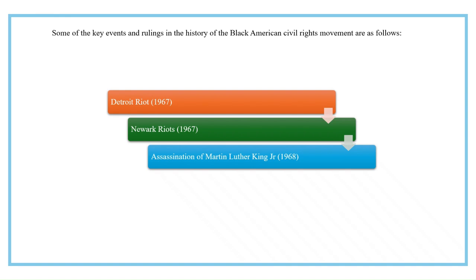The legislation made it unlawful for sellers, landlords, and financial institutions to refuse to rent, sell, or provide financing for a house based on factors other than an individual's financial resources.